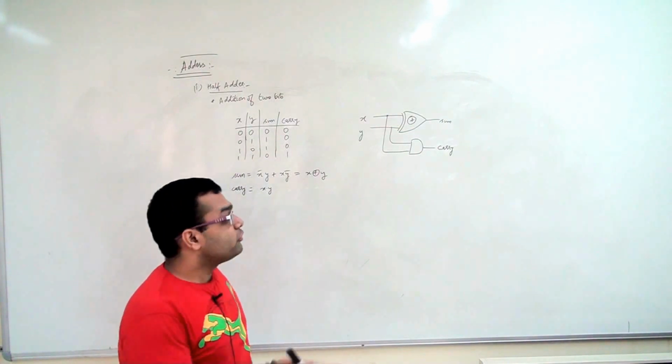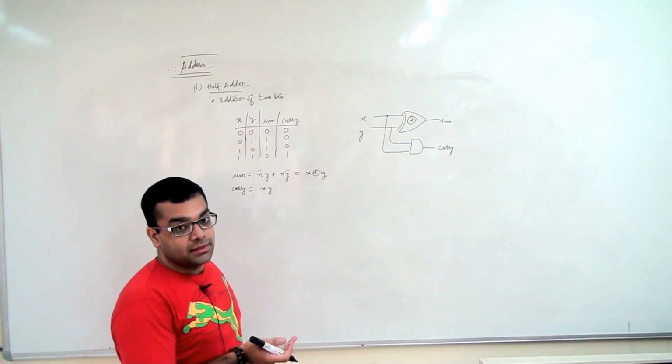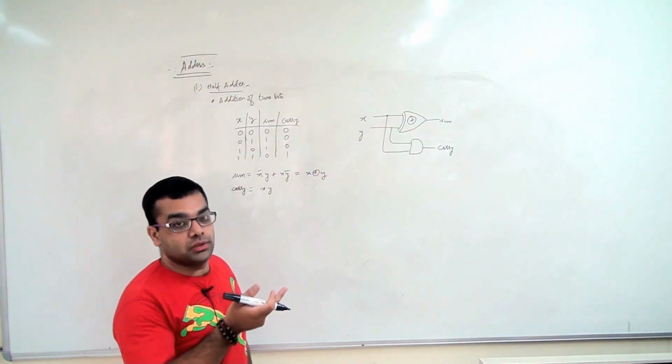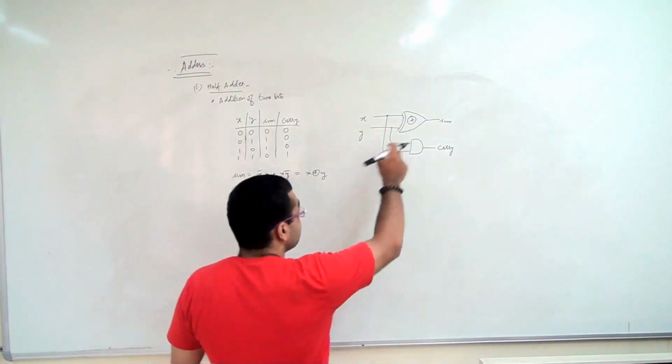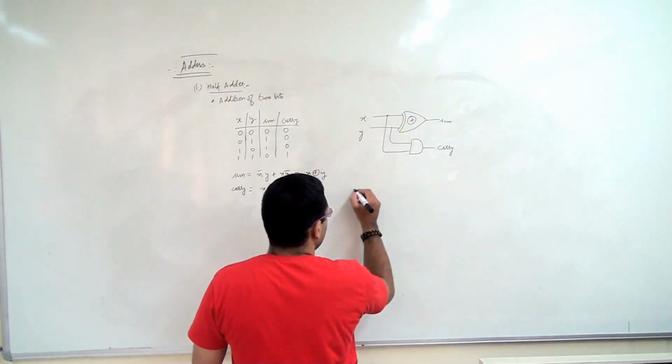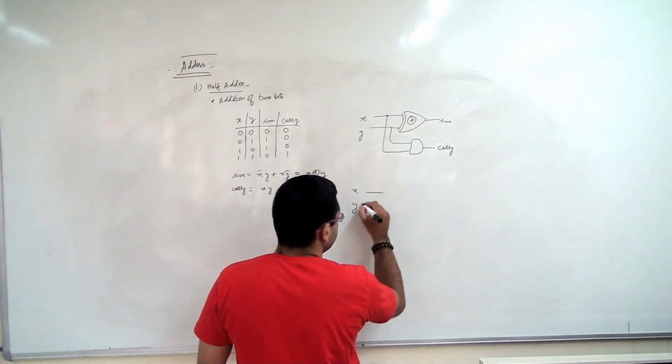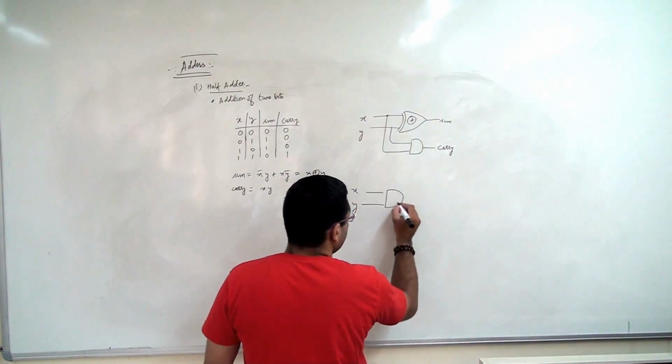Clear? Now if you remember, we had implemented the XOR gate using NAND gates only. So if we construct this circuit using NAND gates only, what do we get? I have x and y, and I put them in a NAND gate.